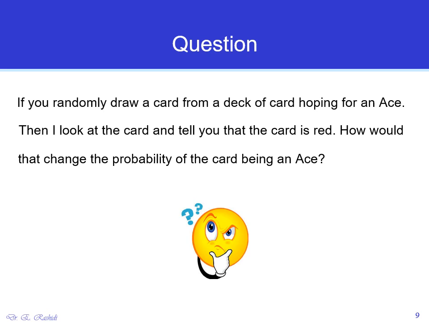This is going to be relevant to our next topic, which is the conditional probability. When we are looking for a probability and we have new information. The new information here is you know that your card is red and you want to see how that would change the probability of your drawing an ace card. So let's see what conditional probability is.